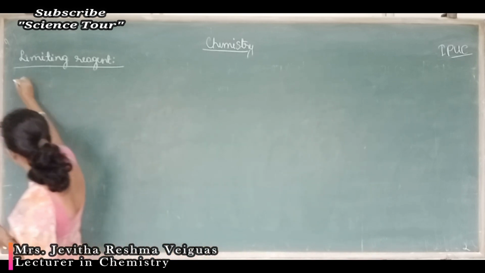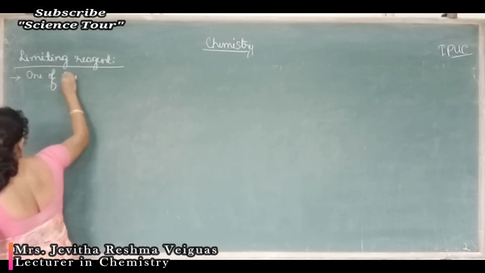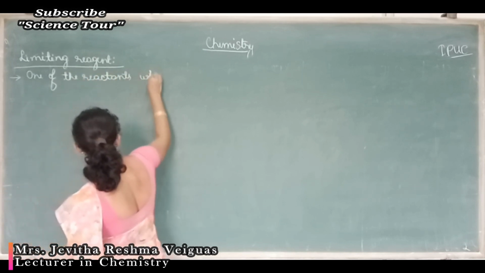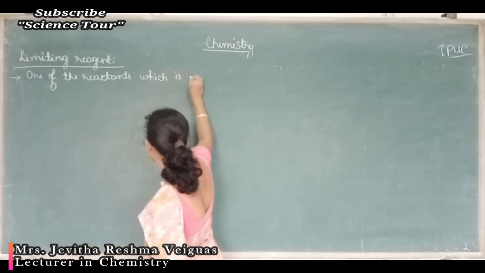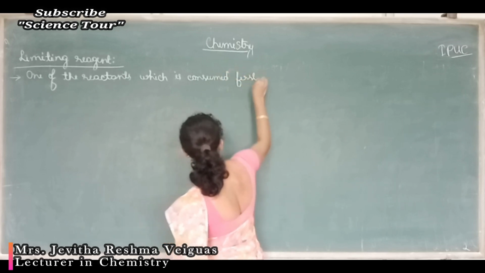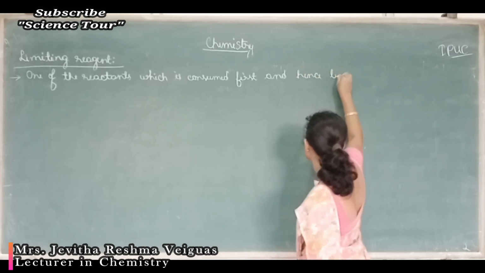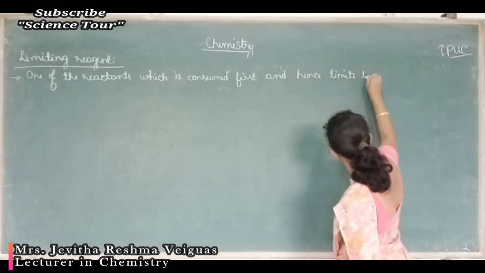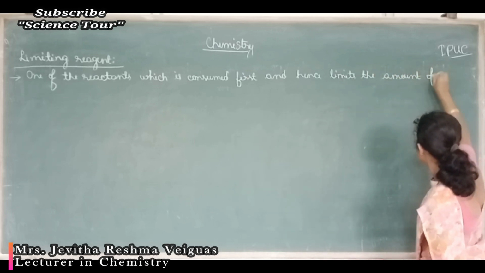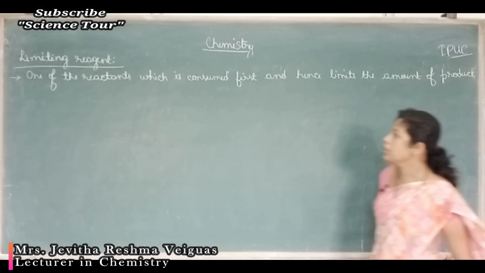So what is limiting reagent? It is one of the reactants which is consumed first, and hence limits the amount of product. Such a reagent or reactant is called limiting reagent.